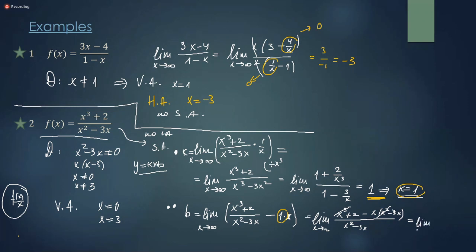So we have the limit when x tends to infinity of 2 plus 3x squared, divided by x squared minus 3x.